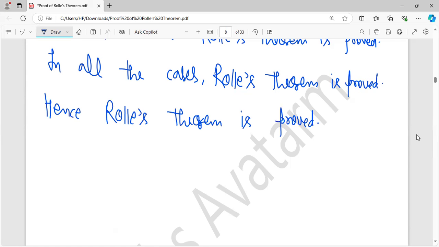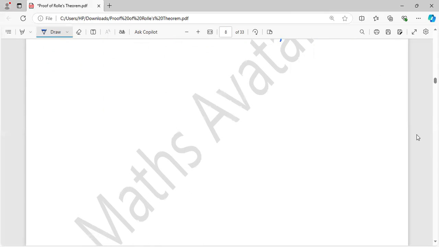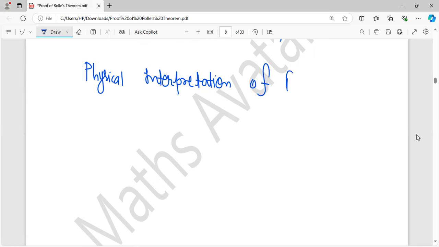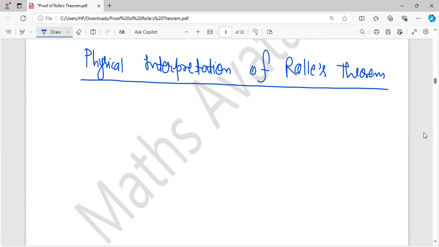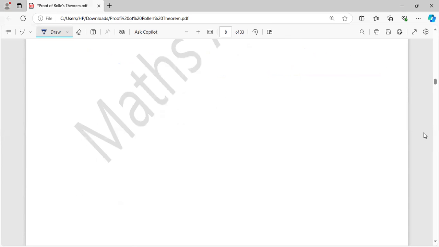Now the physical interpretation of Rolle's theorem. What is the physical interpretation of Rolle's theorem? We have a continuous function on the closed interval [a, b].